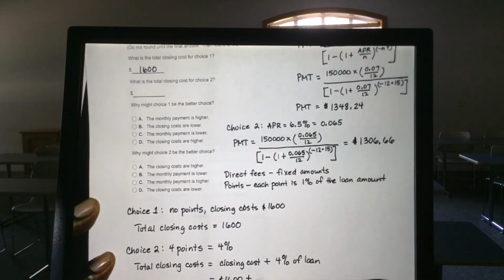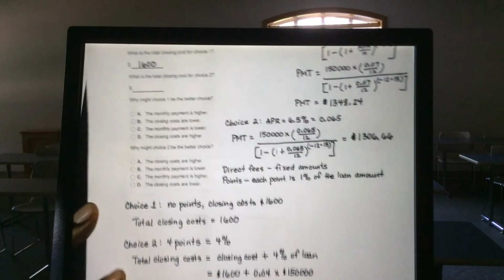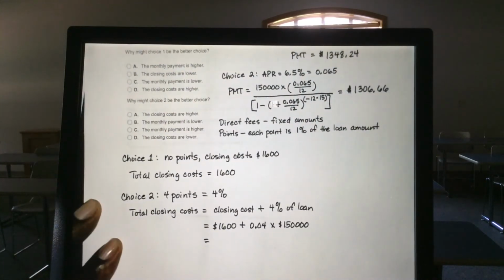We're going to add to it 4%, which is 0.04, times the amount of the loan, and that's $150,000. Okay, everyone see that? Closing cost is $1,600, plus 4% of the loan, that's 0.04 times $150,000.